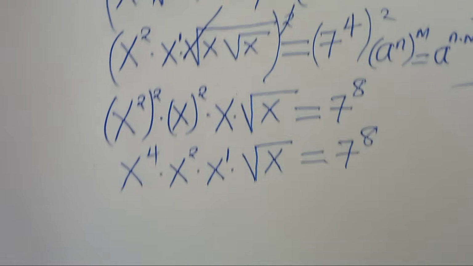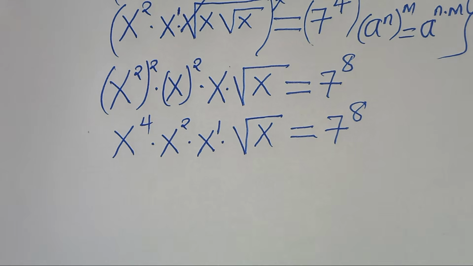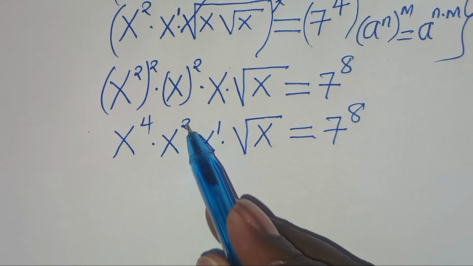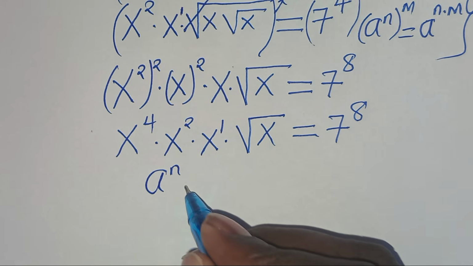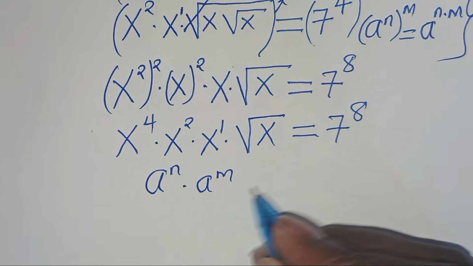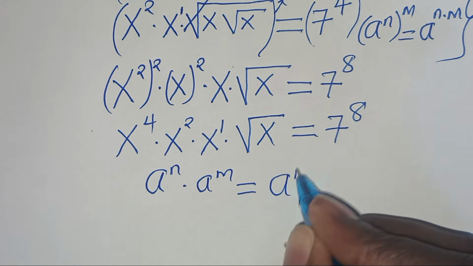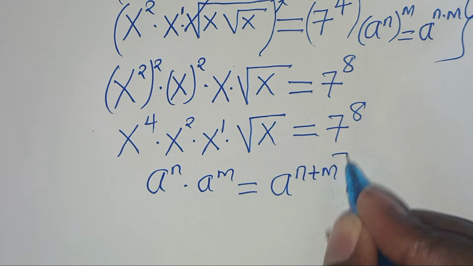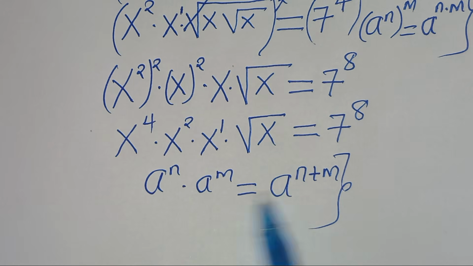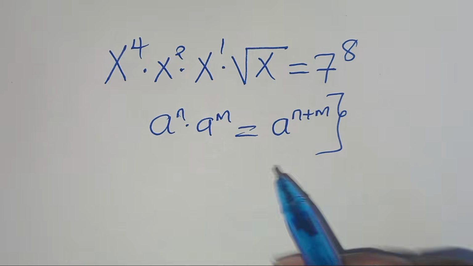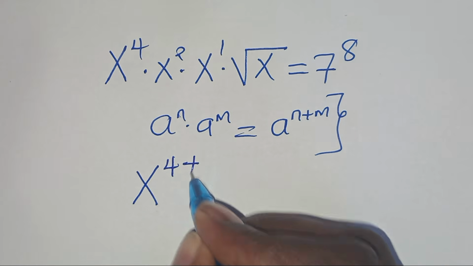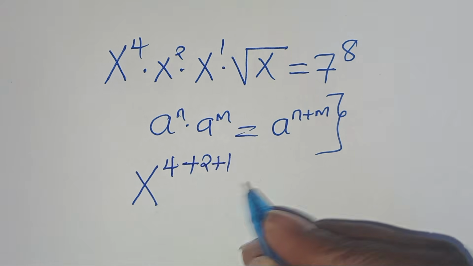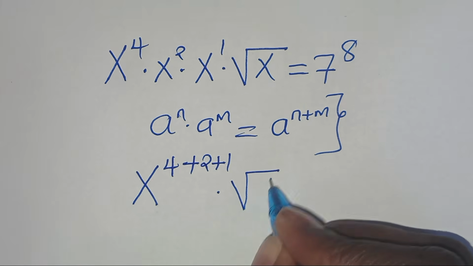Now, the next step from here, we have x to the power of 4 times x to the power of 2 times x to the power of 1. This is in the form of a to the power of n times a to the power of m, which we can express as a to the power of n plus m. Applying this exponent property, here we have x raised to the power of 4 plus 2 plus 1, then times square root of x.